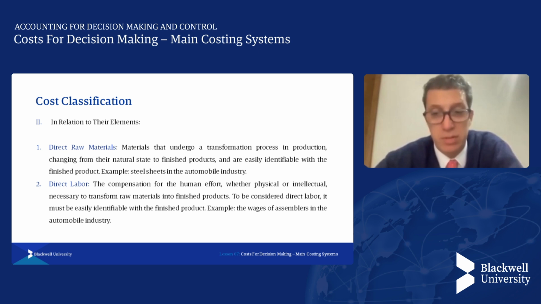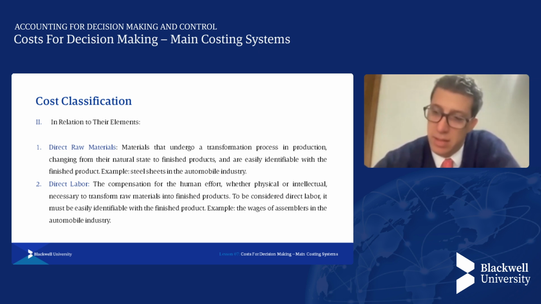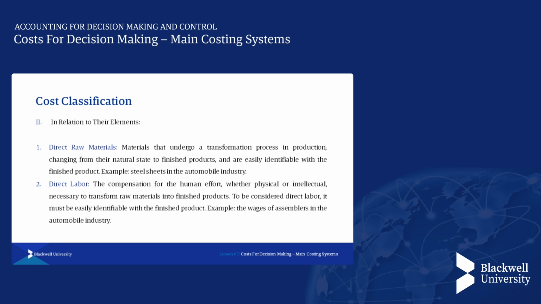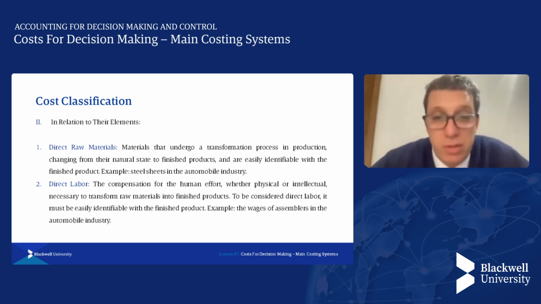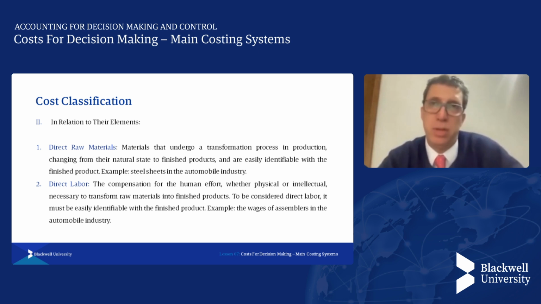For example, and following up on what we were pointing out earlier, the compensation of assemblers in the automotive industry, that is, the people who are there on the assembly line, and they are directly, for example, assembling parts and pieces in an automobile production process. This is definitely direct labor, directly associated with the production of those automobiles.